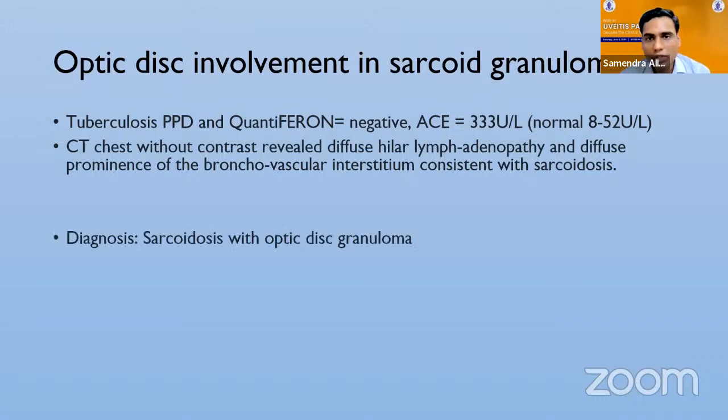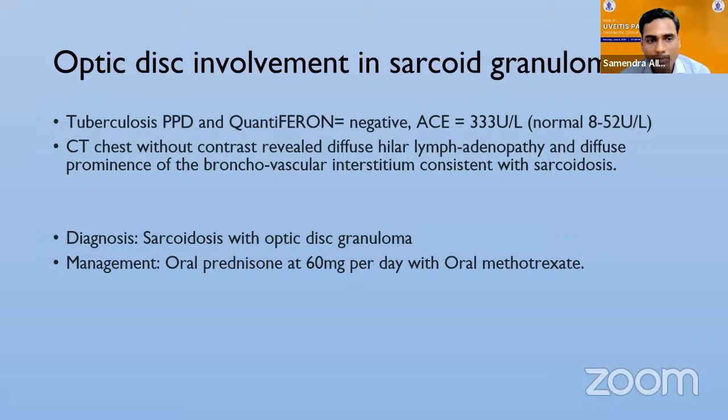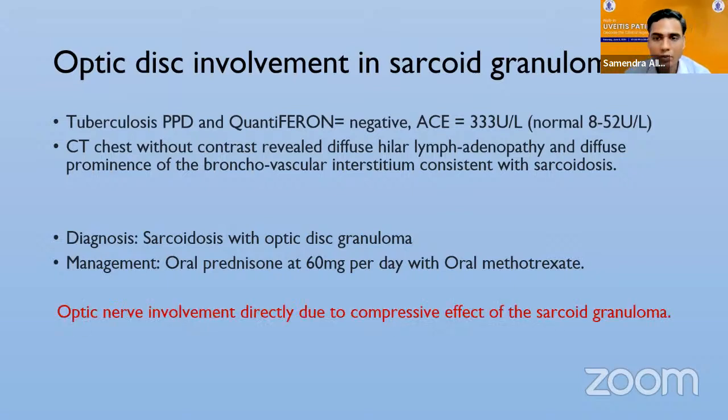CT chest showed diffuse hilar lymphadenopathy, and the management was standard using oral prednisolone along with oral methotrexate. Sarcoid responds very well to oral steroids with methotrexate. So the optic nerve involvement in this case was directly due to the compressive effect of the sarcoid granuloma, and it responds very well to therapy provided it is recognized in time.